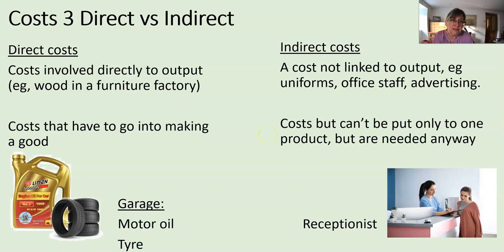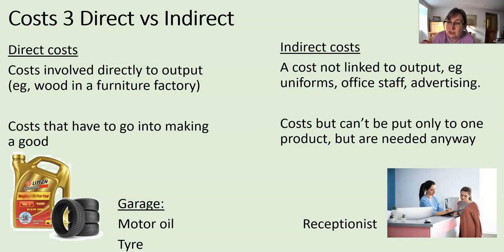And then lastly, we're looking at the term direct versus indirect. Direct costs are costs which can be exactly linked to whether there was an output. Similar to, but not exactly the same as variable costs.